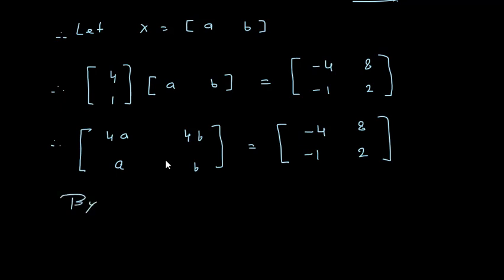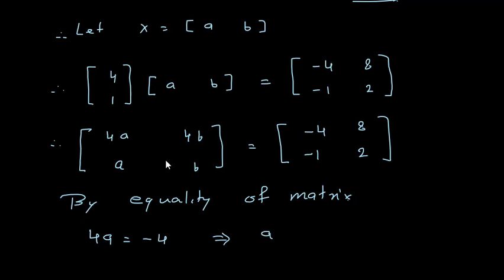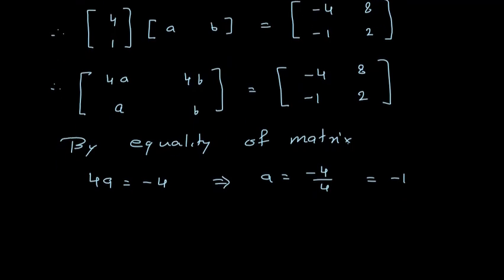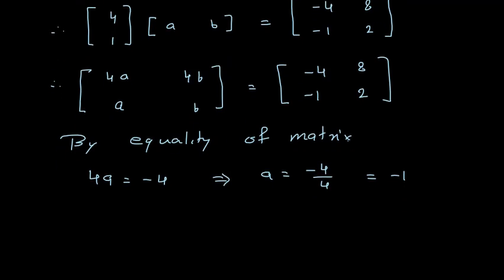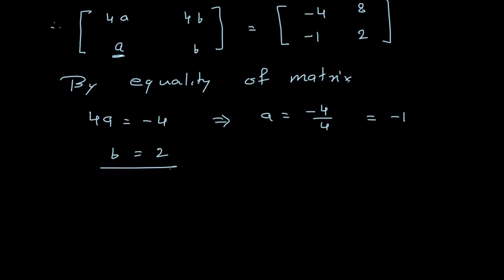So by equality of matrix, we get 4a is equals to minus 4. This implies a is equals to minus 4 upon 4, that is minus 1. And b is equals to, or directly we can take from here, a is equals to minus 1 and b is equals to 2.